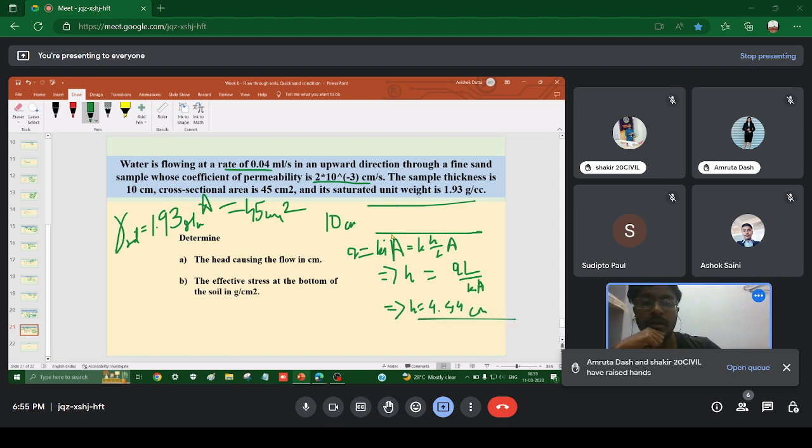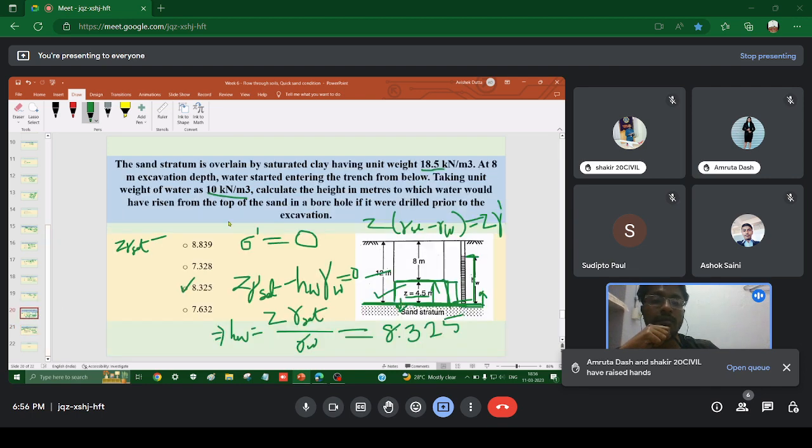Okay, now effective stress at the bottom of the soil. Suppose this is Z equals 10, and we have gamma sat. Now since this is a sand layer, just compare this question with the previous question. In the previous question, there was a clay layer, and water had risen above this layer.